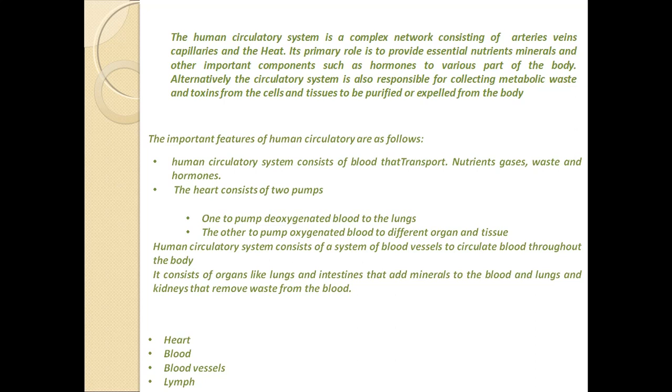So blood vessels are arteries, veins and capillaries, which carry the blood through the body parts. Arteries are the network of pathways through which the blood will flow throughout the body. Arteries, veins and capillaries.